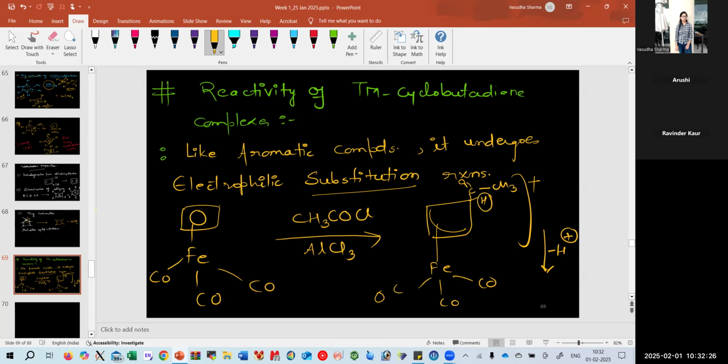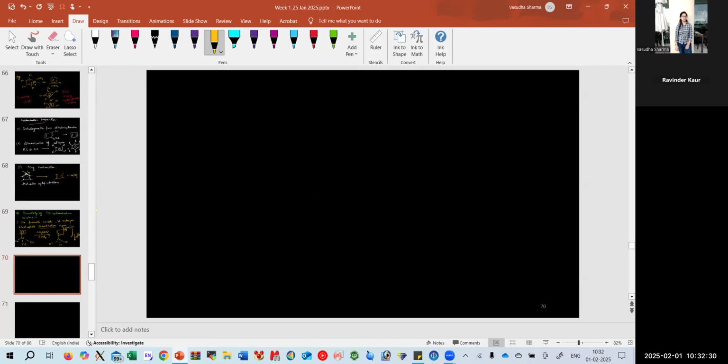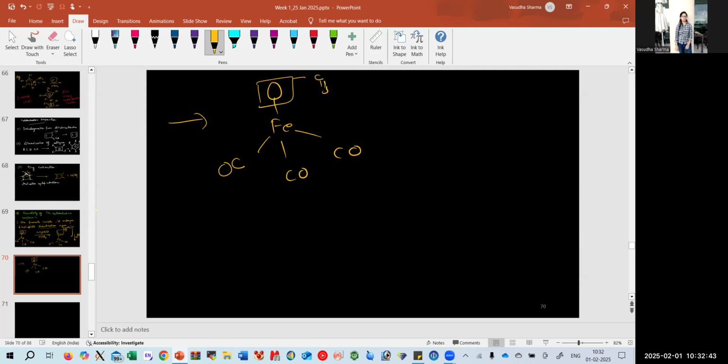The proton would go out and you will get the C double bond O CH3 attached, and ultimately you will have Fe, cyclobutadiene, with the carbonyl group. And here we said that it was C double bond O CH3, right? So this is the way we will have electrophilic substitution in our group.